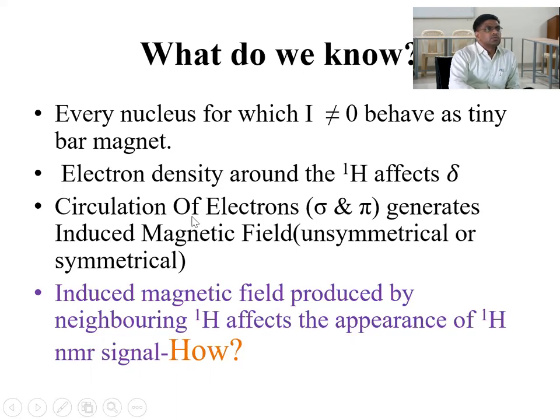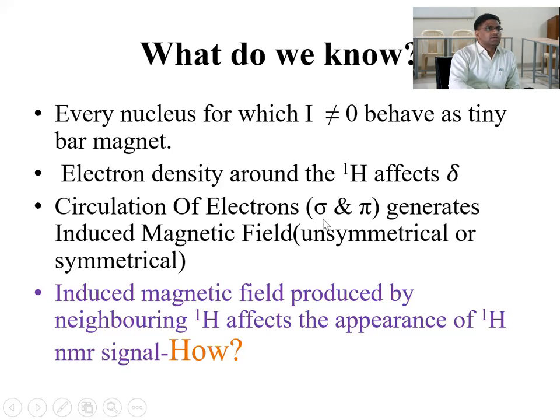Third one is circulation of electrons, sigma or pi electrons. Electrons may be sigma electrons if present in the sigma bond, and electrons may be of pi type if present in the pi bond.